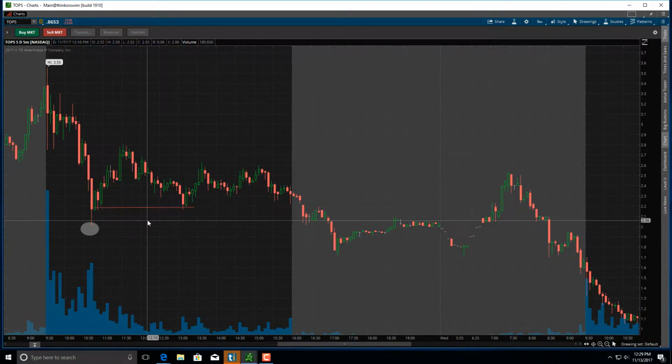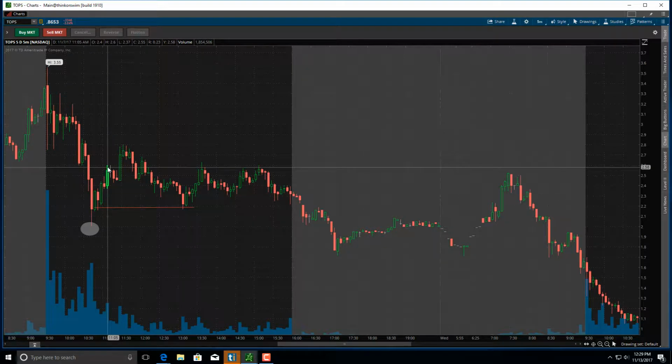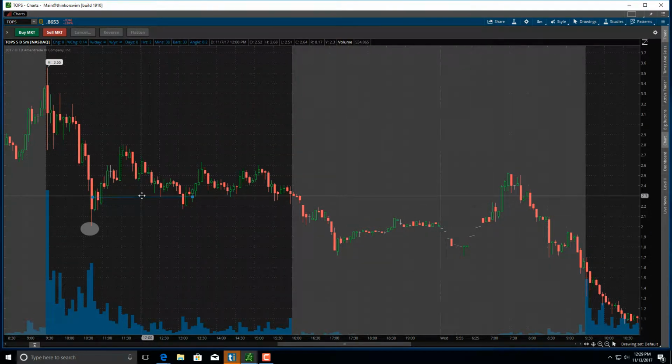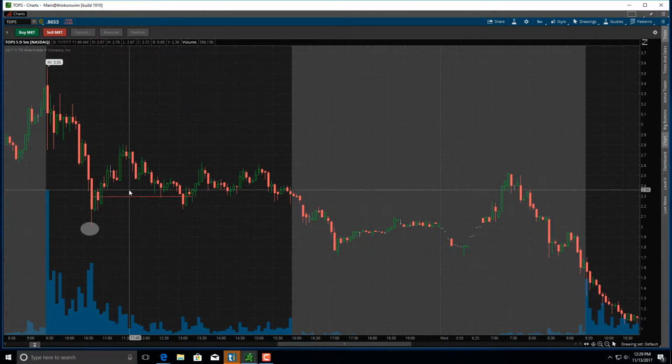Your order will trail price action. Where are we at now? 2.60. Because the high was 2.60 on this candle, your trailing stop is now at 2.30. Hope you guys can see it. This next candle, the high was still 2.60, so your trailing stop is not going to change.